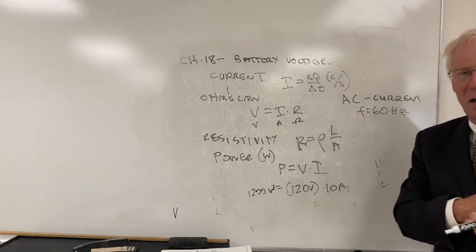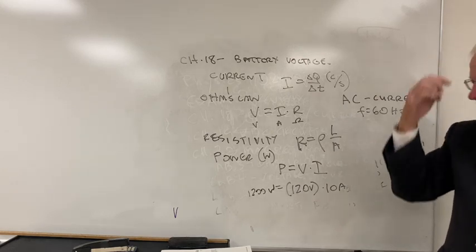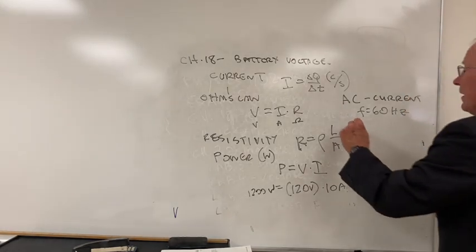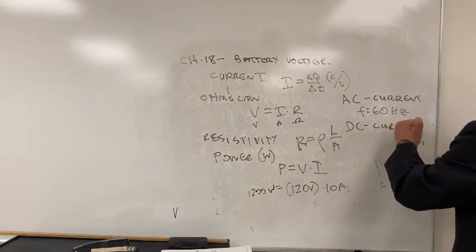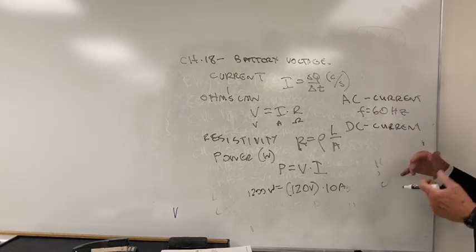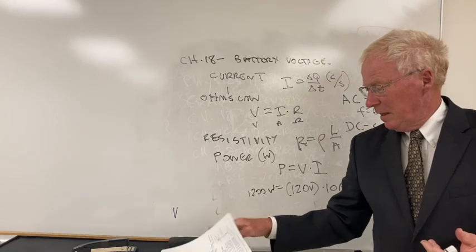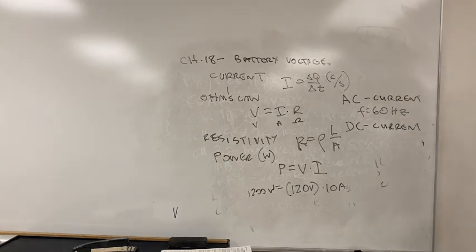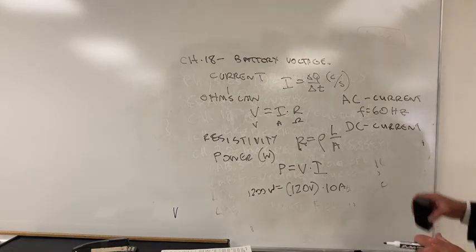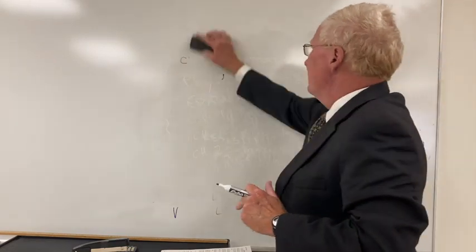If you look at the video on power from the History Channel video that I've got posted, you see that as compared to DC current, which is a normal battery, household alternating current is what we use for all household devices. And that is all for chapter 18. Nothing on superconductivity in this exam.